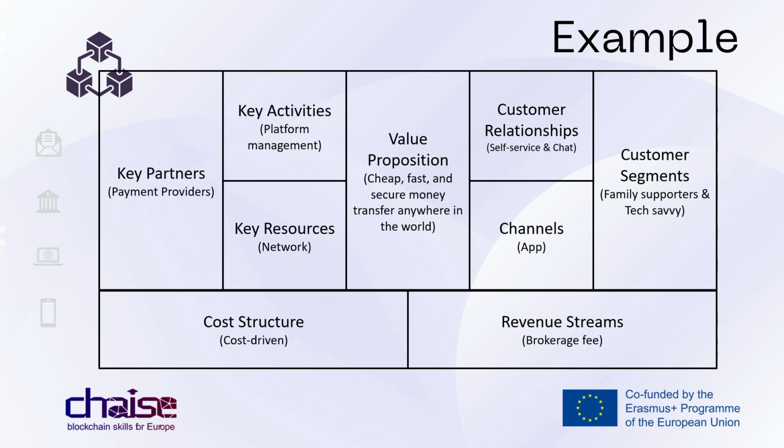Therefore, the key activity here is going to be platform management, including the promotion of the platform so customers become aware, the further development of the platform to solve more problems, and to solve the existing problems better. And it's going to be to maintain the platform, to make sure that money can be safely and fast transferred from one place to another.